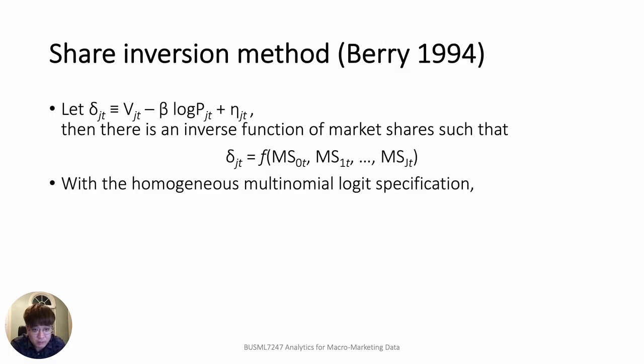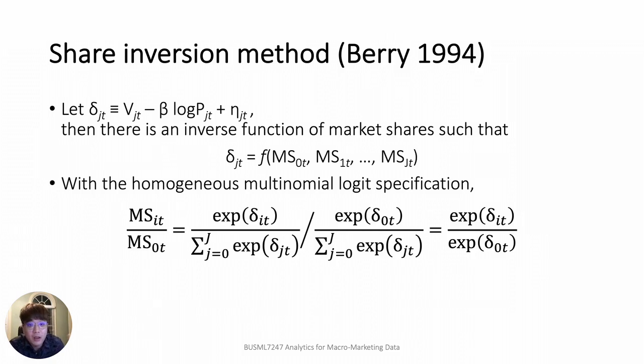The homogeneous multinomial logit specification satisfies all of the regularity conditions. Then, let's compute the ratio of market shares of two options, option j and the outside option. From the choice probability, the ratio of the shares is given by the choice probability for option j divided by that for the outside option.